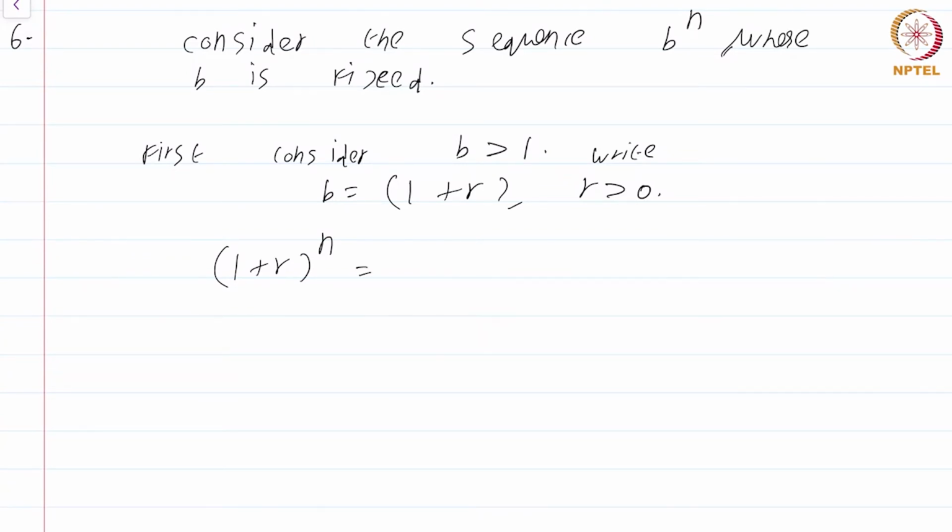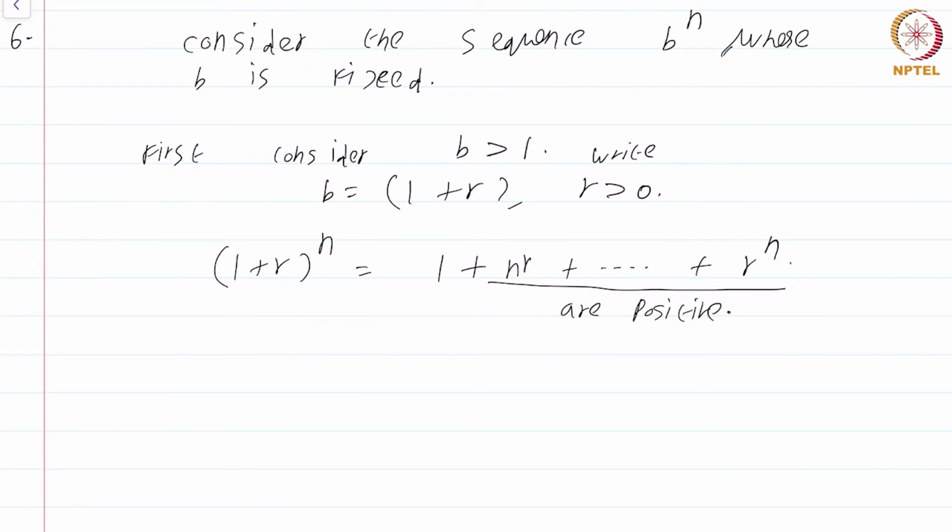This is nothing but 1 plus nr plus some other terms plus r power n. I'm not really interested in the in-between terms. They will involve the various n choose something. But the key fact is all these terms are positive.